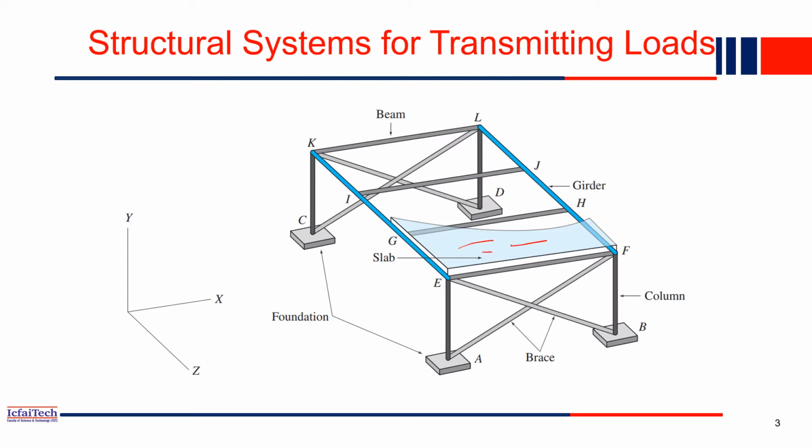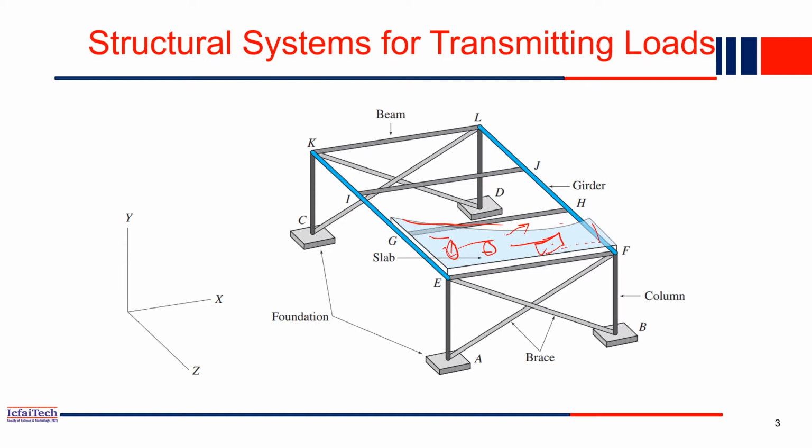If you consider this a two-story building, then those who stay on the second story, humans, are resting on the floor. One person is standing here, another person is standing there, maybe some bed is here. All the loads are actually coming to this slab. So first, whatever load is there, dead and live load basically, will transfer to the slab.